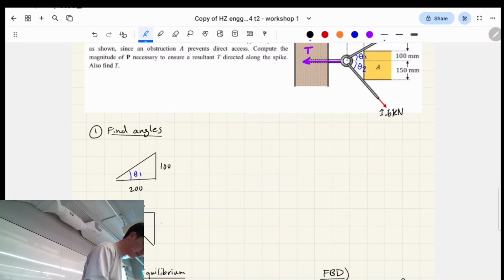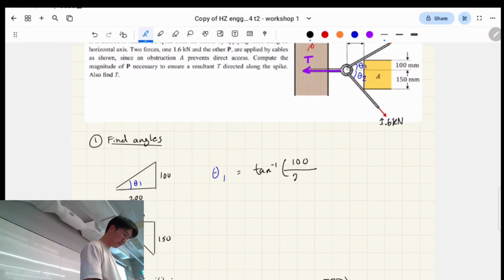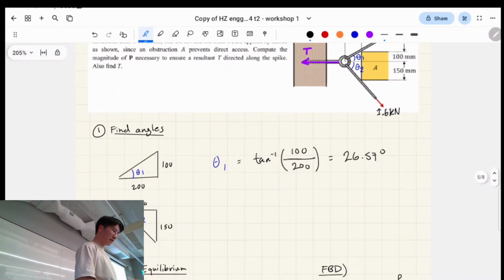This is 200 mil, this is 150 mil, okay? So we're going to use our formula for tan inverse, rise over run. When we punch that into the calculator, we get 26.57. That one's not a problem.